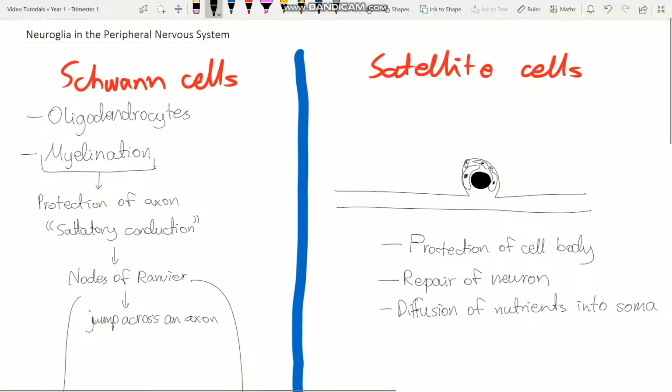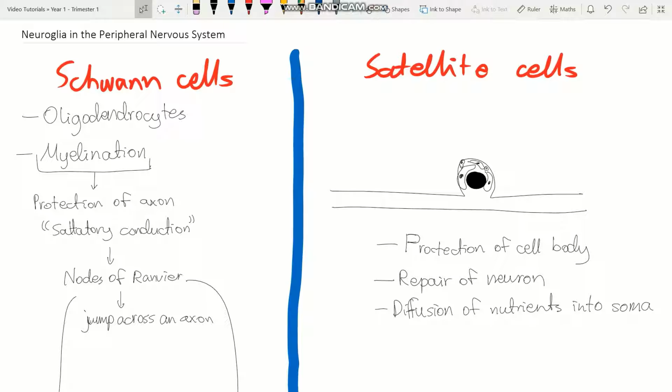Therefore, in review, Schwann cells are analogous in their structure to oligodendrocytes in that they allow for the process of myelination. This allows for the protection of the axon as it is covered in a layer that is 90% lipid and 10% protein. This means that on a staining, it appears clear unless it is stained by lipophilic stains such as Sudan black.